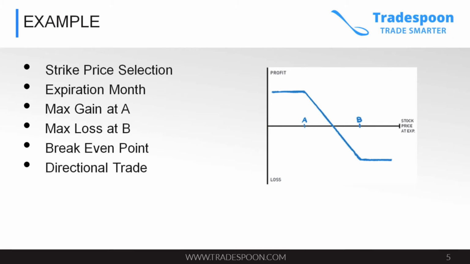Your maximum loss occurs in case the stock goes up and you are wrong in the direction of the stock. If the stock moves beyond point B, if you look at the x-axis, if it moves to the right beyond point B, that's your maximum loss. Your break-even point occurs roughly between point A and B, depending on how much debit you paid, and this is a directional trade. You have a negative outlook on the stock.